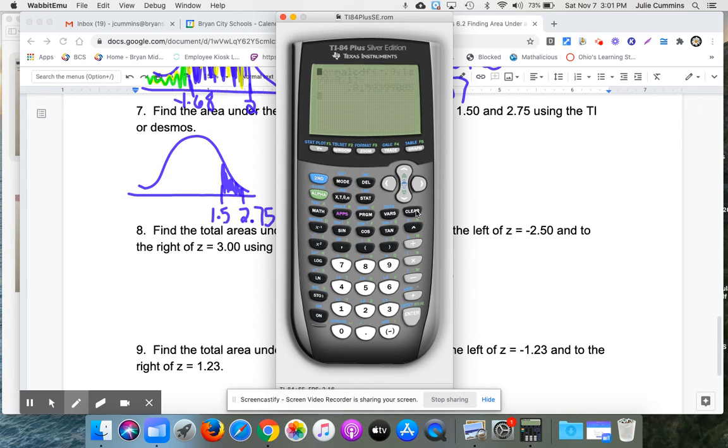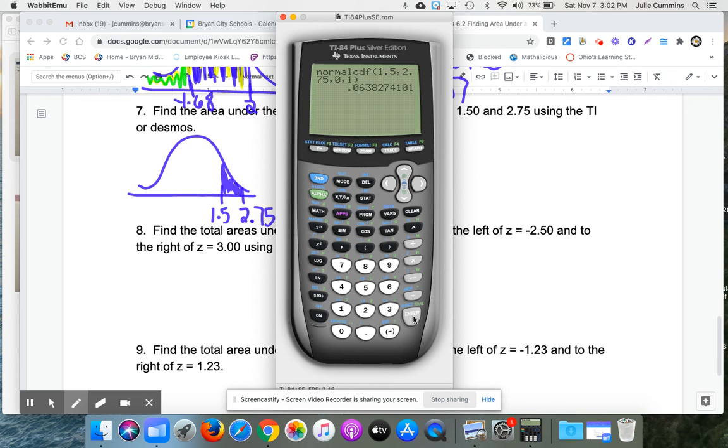We'll clear that out. You're going to go to distribution. It's always going to be normal CDF. Your lower bound, that's this end, so it's going to be 1.5. Upper bound is going to be 2.75. And then our mu and standard deviation are still 0 and 1 because we're on the standard normal curve.